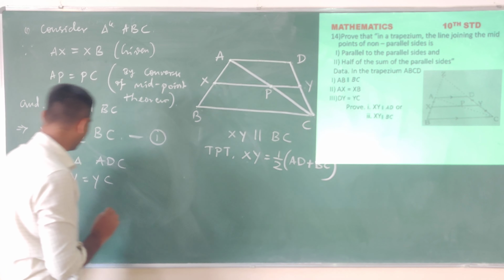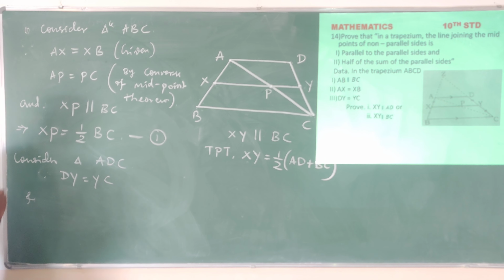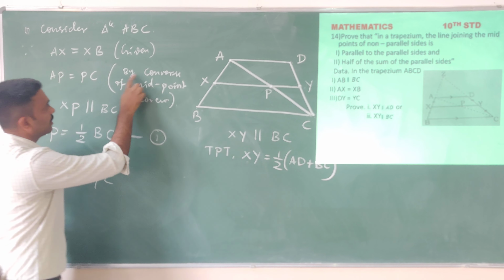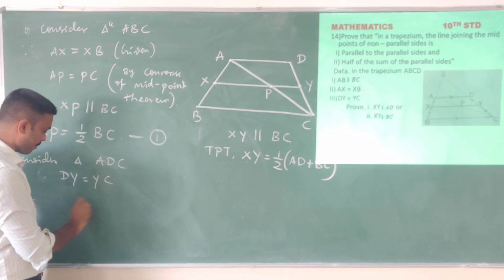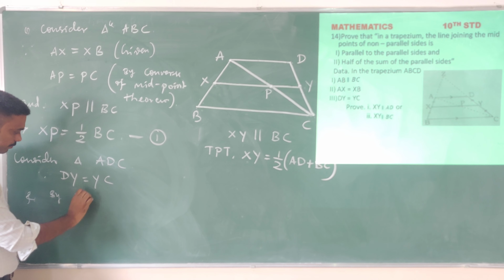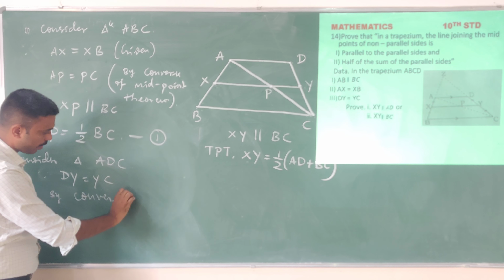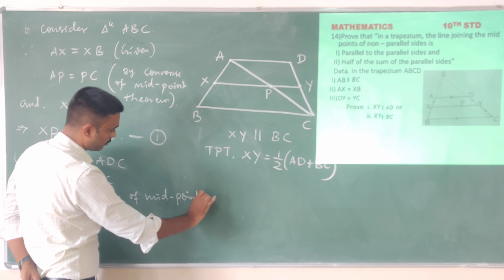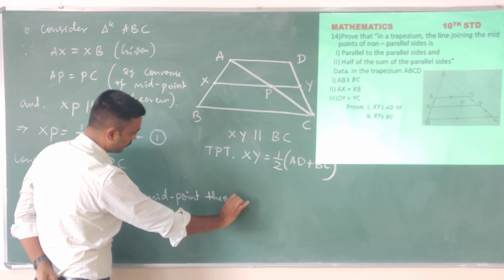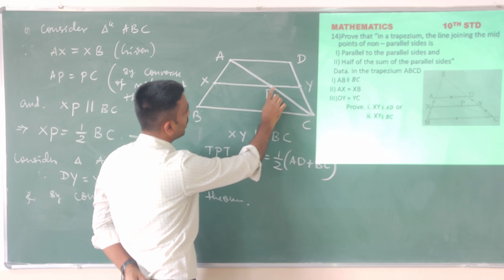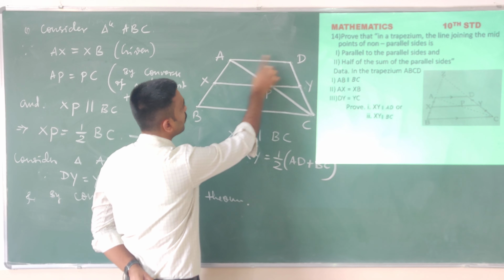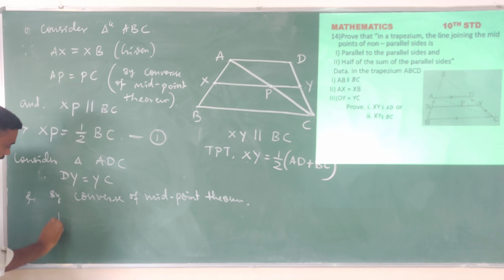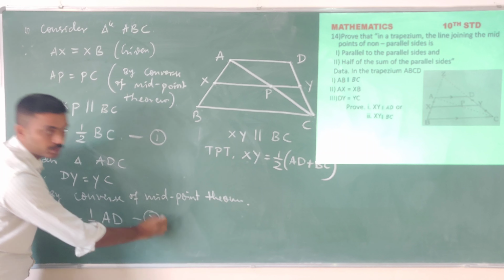And also by the converse of the midpoint theorem, we can write that PY is half of AD. Call it equation number 2.